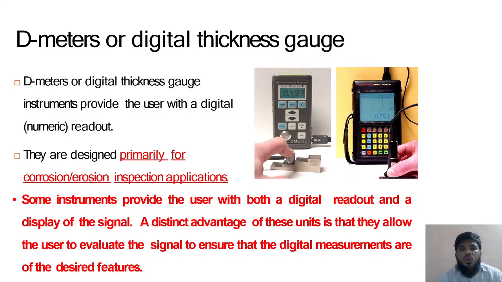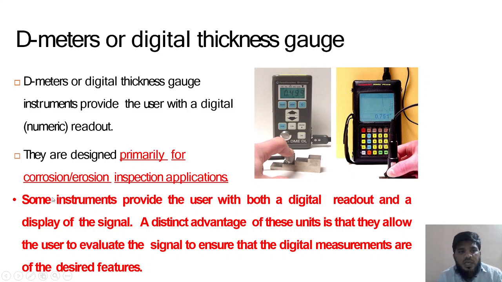Some devices have a CRT screen along with it, where the analog signal as well as the digital signal will be present. For example, here you can see the digital signals, whereas here you can see the analog signal as well as the value of the reading.